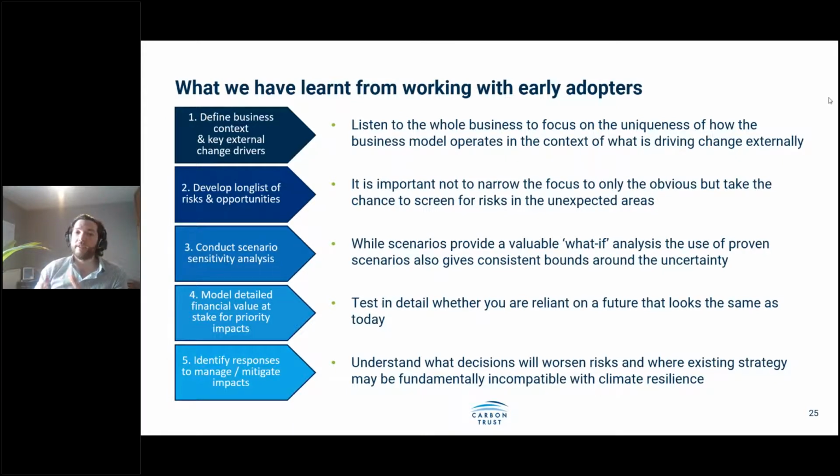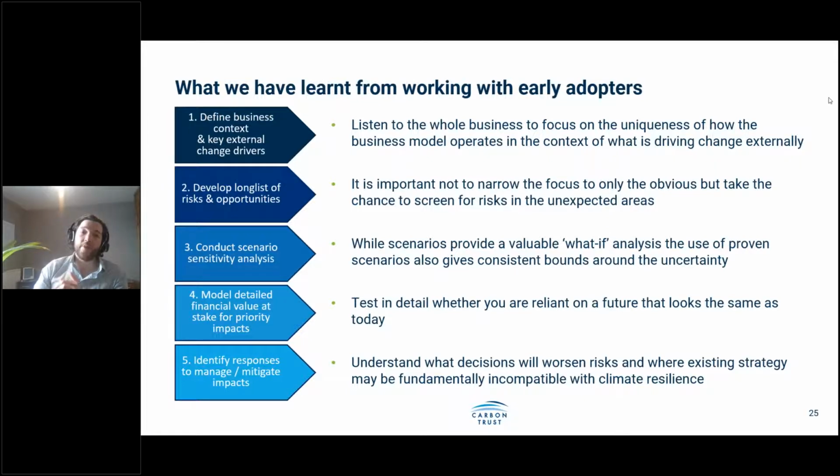And then, as I say, the scenarios provide that "what if", certainly, but the use of proven and mainstream scenarios, whether that's scenarios that sit behind the IPCC's reports, whether it's key IEA transition scenarios, whether it's the key integrated assessment models, all of these scenarios, and being able to say that you've taken a consistent approach to the use of scenarios, really provides a lot of confidence in the results for those that are then assessing that disclosure.